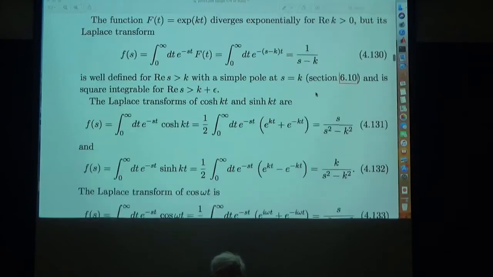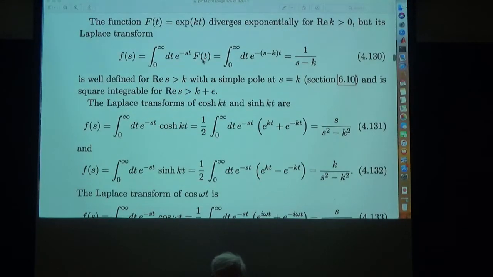And other examples are f of t might be an increasing exponential. The Laplace transform is perfectly well defined. In fact, it's well defined for arbitrary complex s and k, and it's just infinite when s equals k.